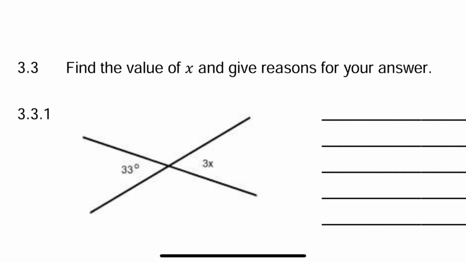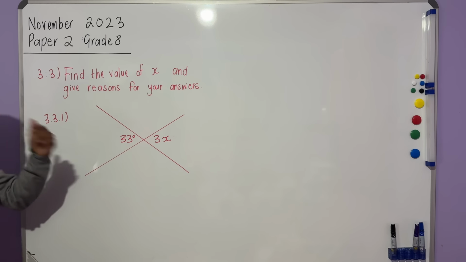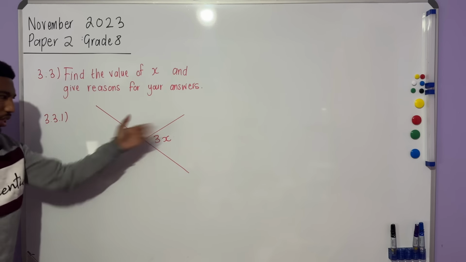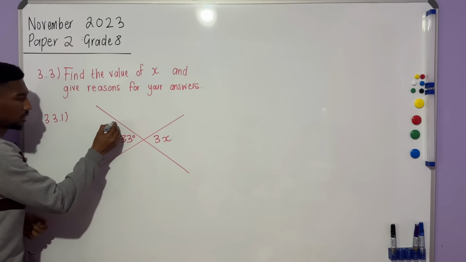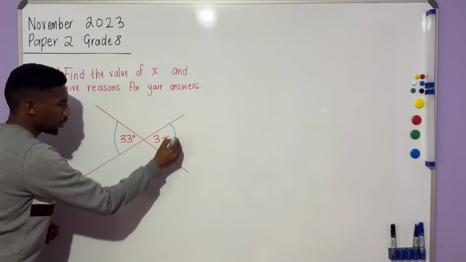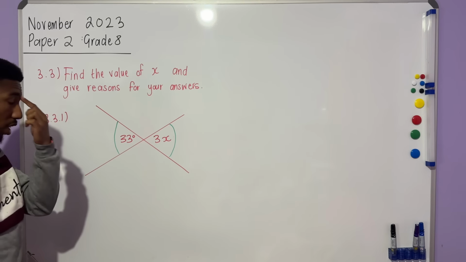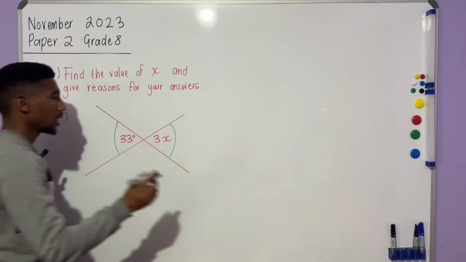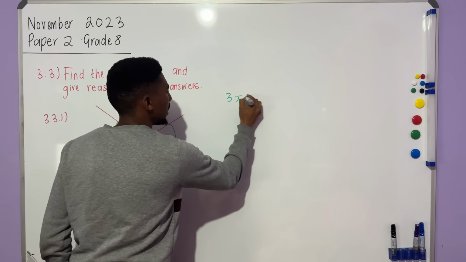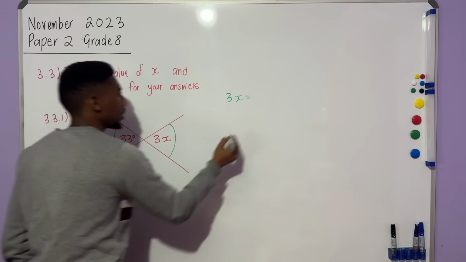Right, let's have a look at question 3.3. It says find the value of x and give reasons for your answers. As you can see there, you can see which letter is forming those angles, it's the letter X, and those angles are vertically opposite. So you can start off with 3x is equal to 33.